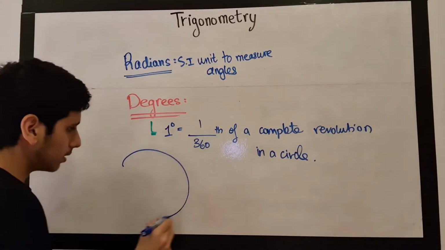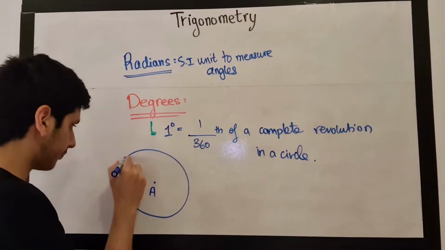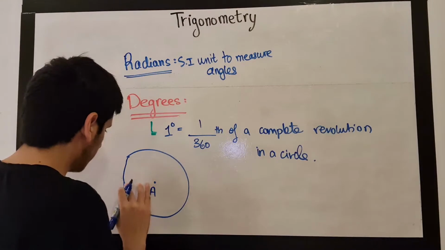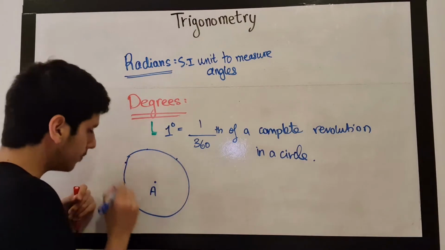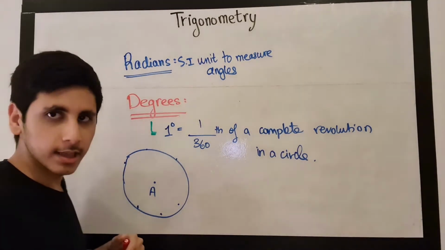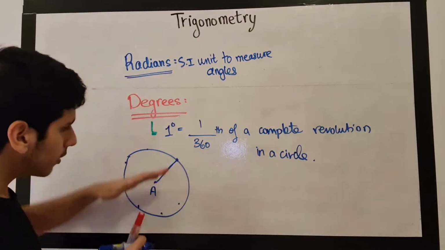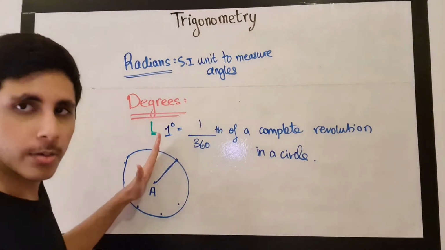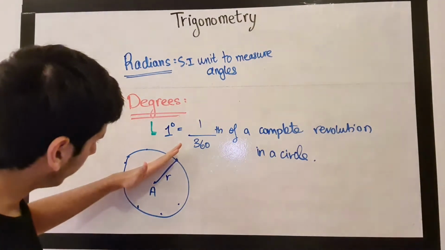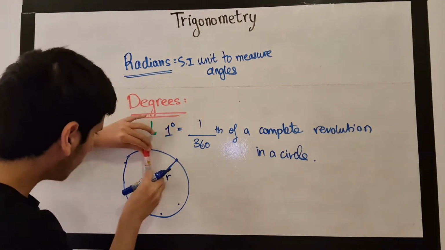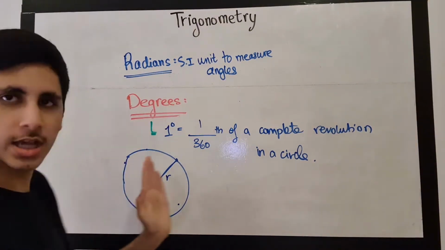So if I have a circle now, and this is the center, let's say, point A. This isn't a perfect circle, but I think it's fine. Once we join it to any point, it doesn't matter where it lies on the circumference, and we start to rotate this arm, this radius, from the initial arm to whichever point we want to reach.